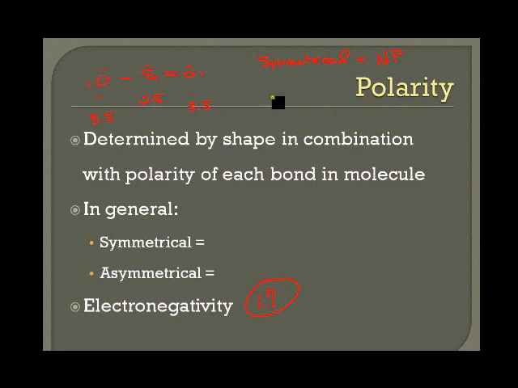When we look at the electronegativity difference, 3.5 to 2.5, we see a difference of 1. If it's below 1.7, so 0 to 1.7, we consider it nonpolar. If we have 1.7 and above, we call it polar. So since we have an electronegativity difference of 1, we're going to call SO2 nonpolar.